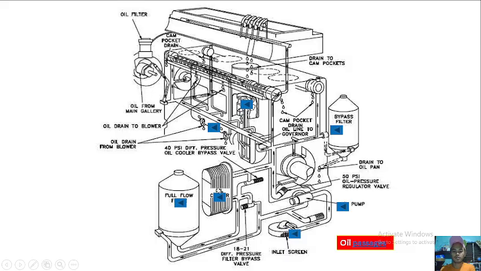So it can go to the cooler, or it will go to the full flow filter. Then there is another differential pressure oil cooler bypass valve. If it doesn't need any cooling, it can go to bypass if it's still cold. And then it will go to the oil pressure regulator valve.